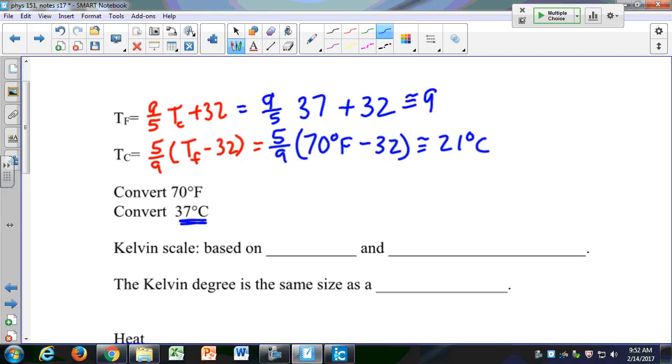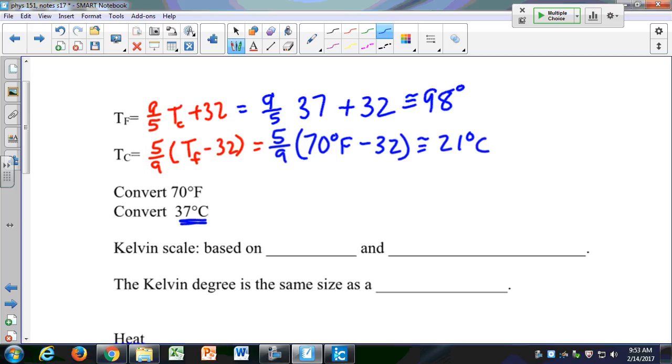What is that approximately equal to? Have you ever heard of 37 degrees Celsius? It's your body temperature, right? So it's about 98 degrees Fahrenheit. Those are just a couple temperatures that I want you to know. The room temperature in Fahrenheit, which is about 70 degrees, is 20 degrees Celsius, and your body temperature is about 37 degrees Celsius.